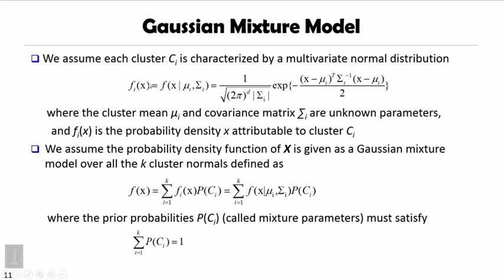Then we can represent it in parameter form with mu sub i and sigma sub i, for all the k clusters. The prior probabilities P of C sub i, added together over all k clusters, should be 1. So we call these the mixture parameters.